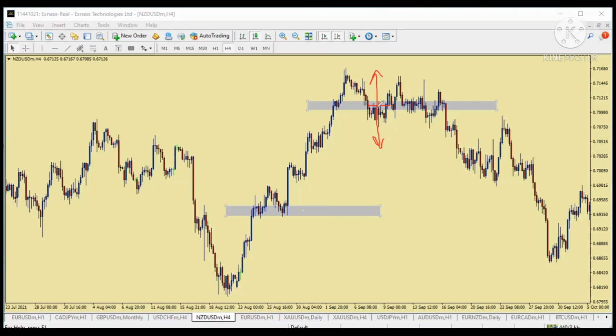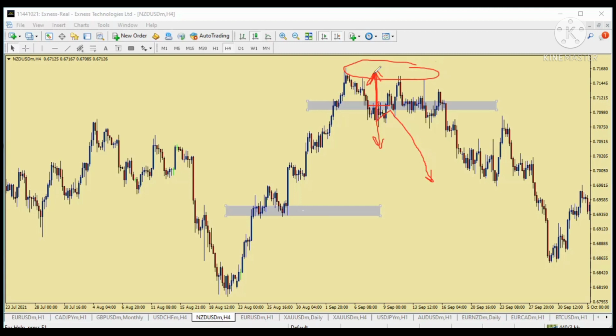If there are many people buying, with much money, then there is no need for him to move up to the source. He will just retest here, then pull the price down very fast. When he pulls the price down very fast, the stop losses of all those who are buying will be hit.